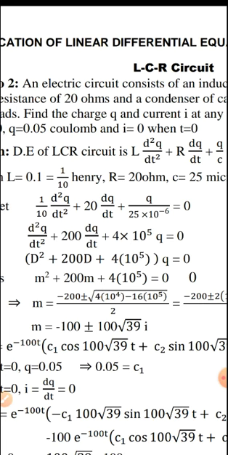So start with the auxiliary equation. The auxiliary equation of this differential equation will be m square plus 200 m plus 4 into 10 power 5 equal to 0. So m will be the roots of this quadratic equation. m will be equal to minus b plus or minus root of b square minus 4ac whole divided by 2a.